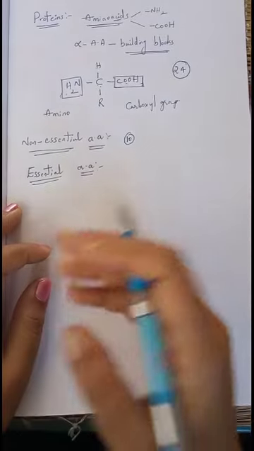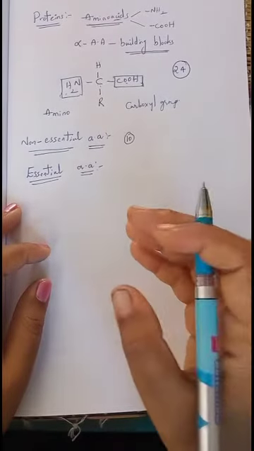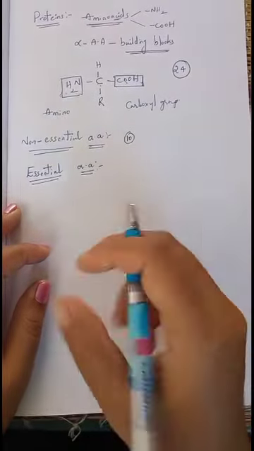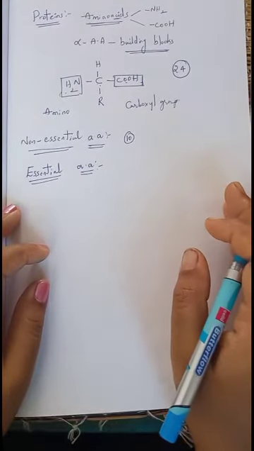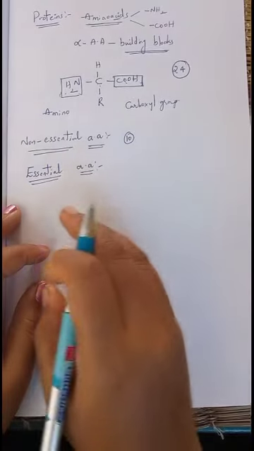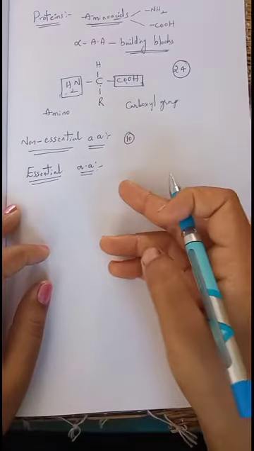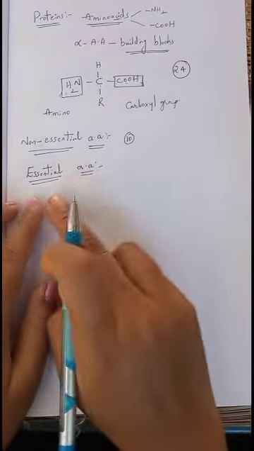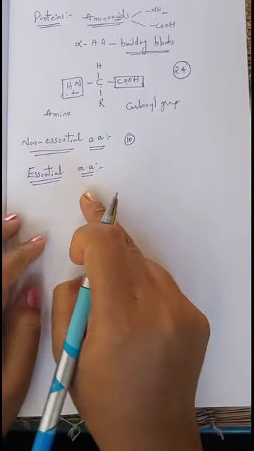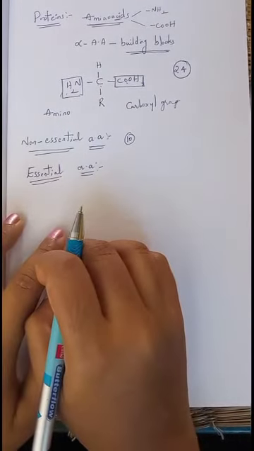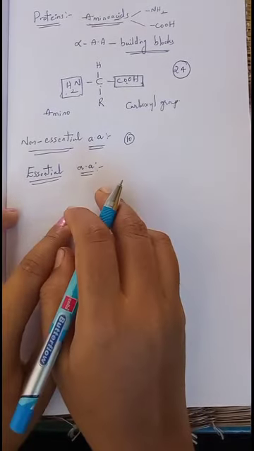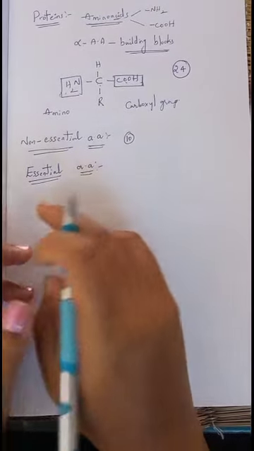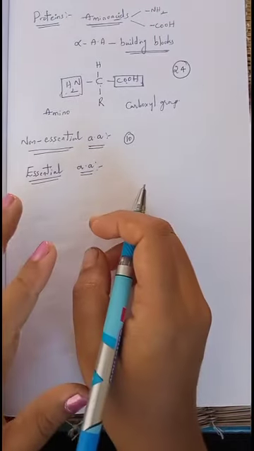Amino acids which the human body cannot synthesize and which are supplied in the human diet are called essential amino acids. Deficiency of these amino acids can cause different types of diseases. So whenever these essential amino acids are deficient in the human body, they lead to different types of diseases, so we want to take an optimum amount of these essential amino acids through the diet.